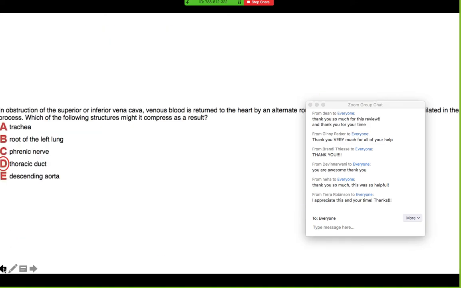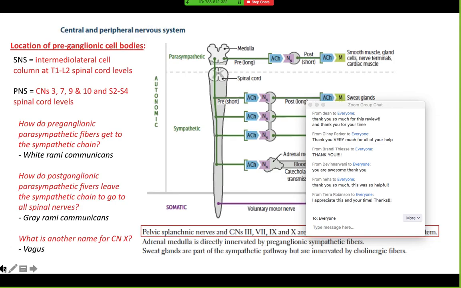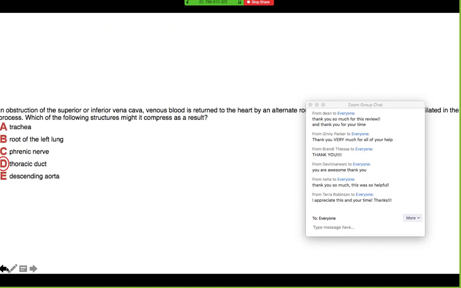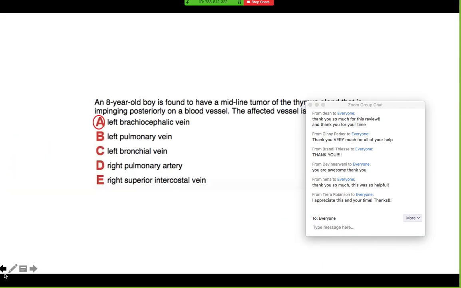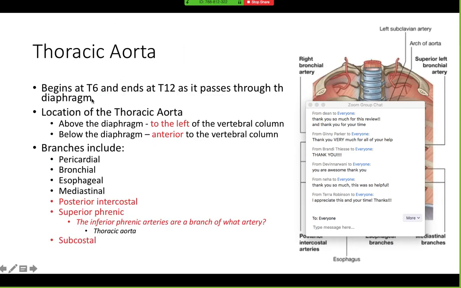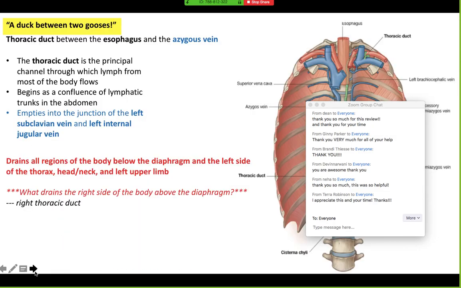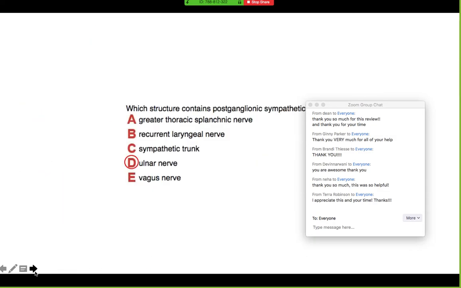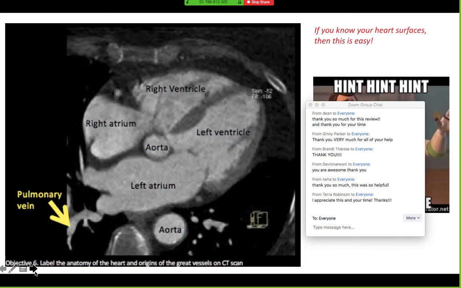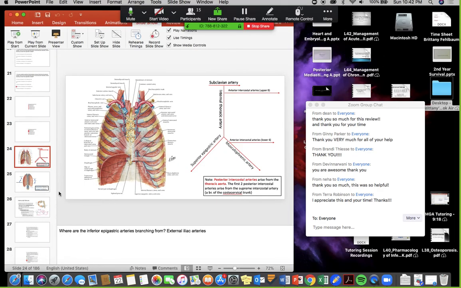I'll go back and fix that, not parasympathetic. Don't get confused. The few typos I had here and there, I'm going to fix those. I think I pointed them all out to you though, so I'll get those fixed and I will post this with all the answers and all the corrections. So I'd recommend downloading that corrected version and then you can study from it and have it saved.